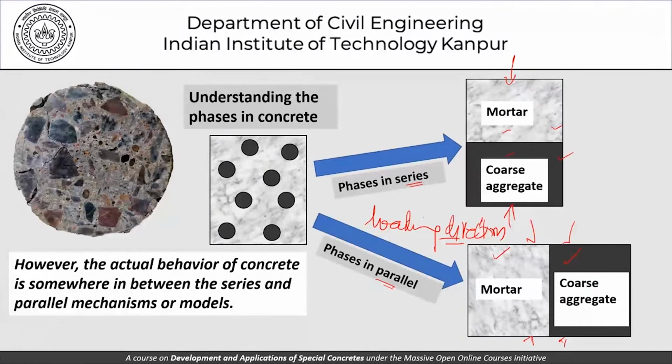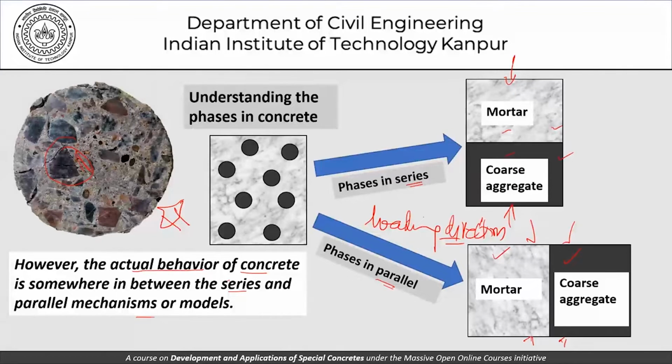This is the actual behavior, of course, in concrete. Now you can imagine that this is the concrete that we are trying to model. It's very difficult to say whether this aggregate is in series or parallel with the mortar around it. So if we want to really model it, a schematic representation for ease of simplification, for being able to do some mathematics with it, it is a combination of the series and parallel models or mechanisms.